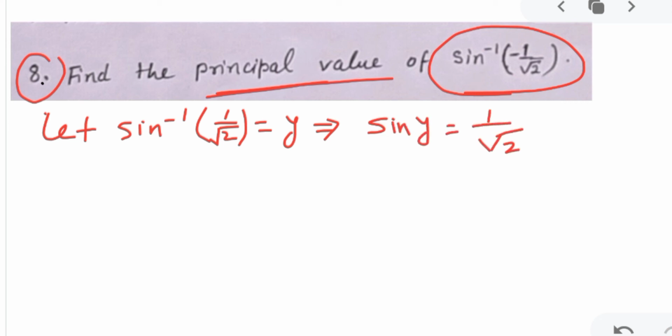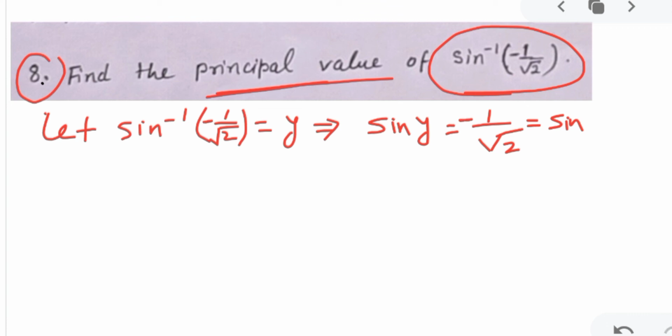This is the inverse concept. And 1 upon root 2, we know what the value is: sin 45 degree. Minus 1 upon root 2, sorry, this is minus 1 upon root 2.